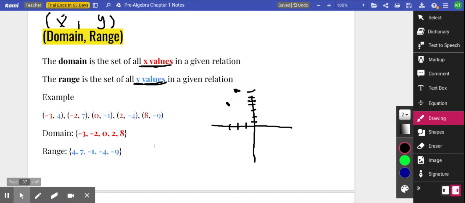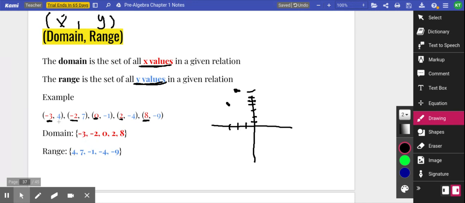But the question here wants me to list the domain. So I just take all of the x values, -3, -2, 0, 2, and 8. And I put them inside these brackets, just listing them as individual values. Those are my x coordinates.